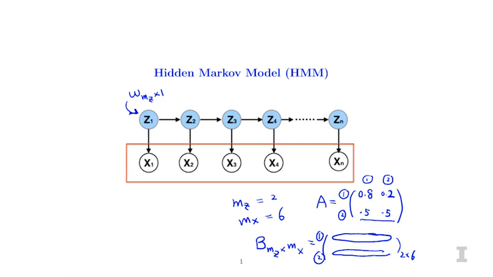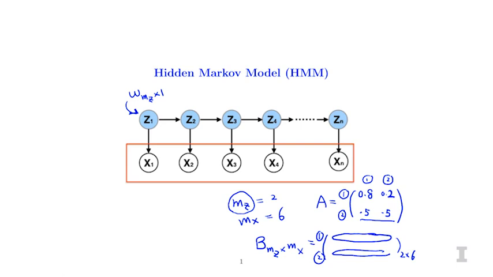So the hidden Markov model in some sense is like a clustering algorithm, and it's a mixture model. We try to cluster those X's into MZ different groups because the underlying distribution for X's will be different. There are M sub Z different distributions.